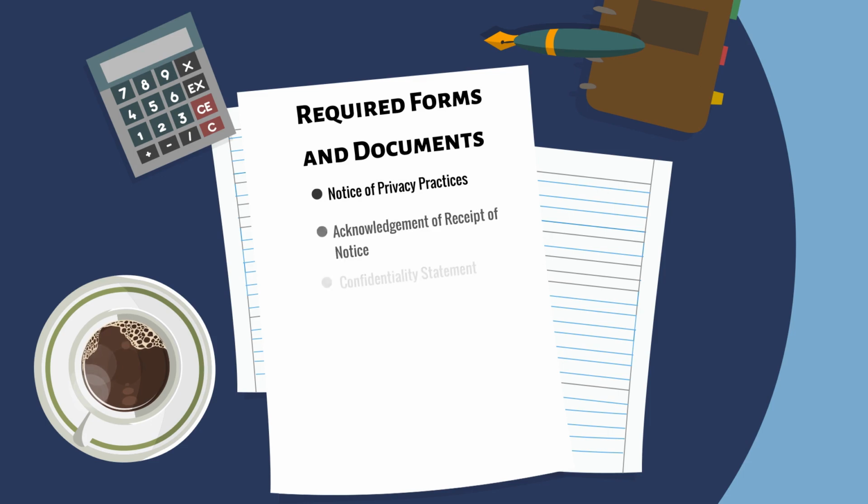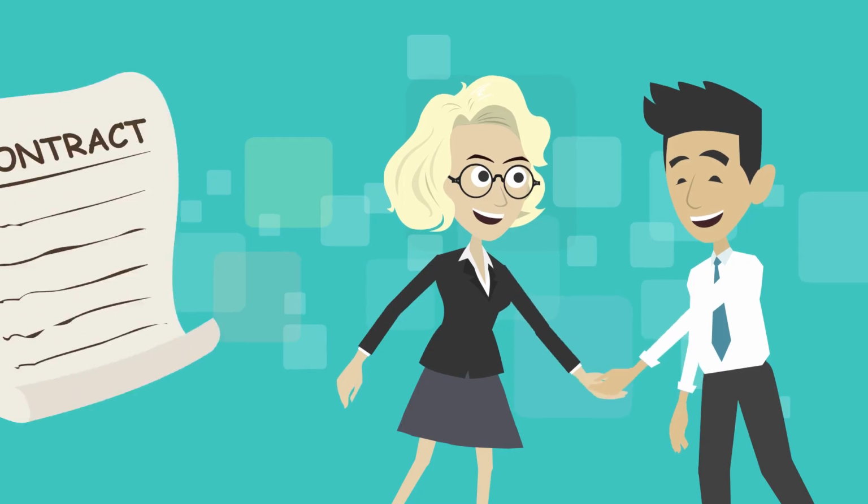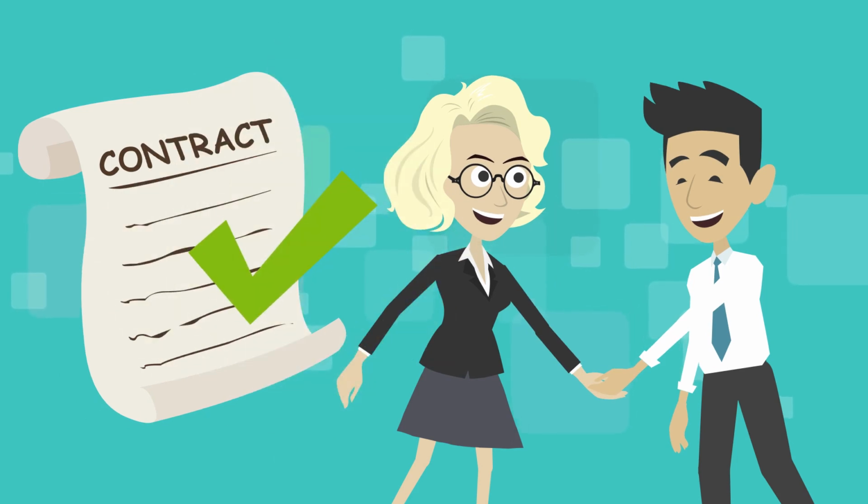These are the requirement forms and documents your organization should have in place. Business associate agreements are required before a covered entity can contract with a third-party individual or vendor to perform activities or functions which will involve the use or disclosure of the covered entity's PHI directly.